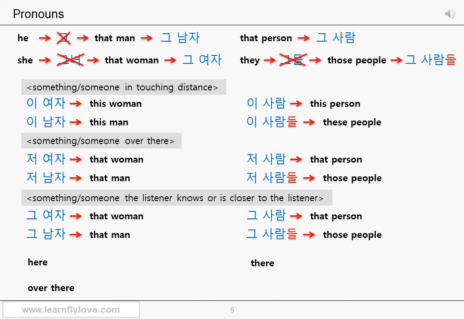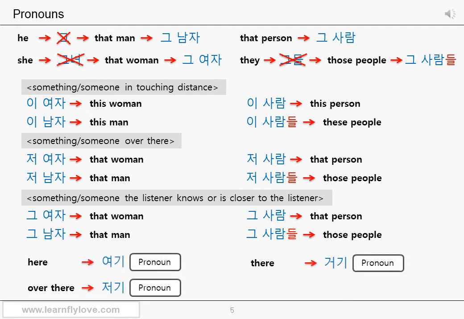Even the pronoun here and there are affected by this concept of 이, 저, and 그 in Korean. Here is 여기. Over there, you can still see the place, not in a touching distance though. 저기.